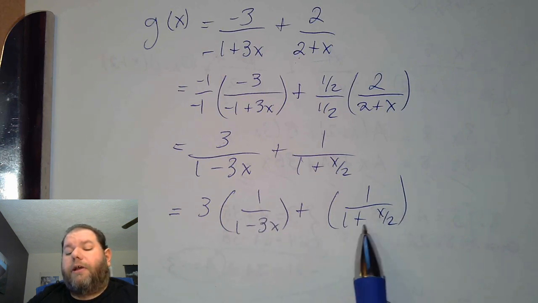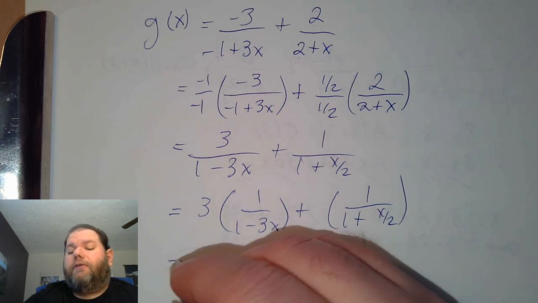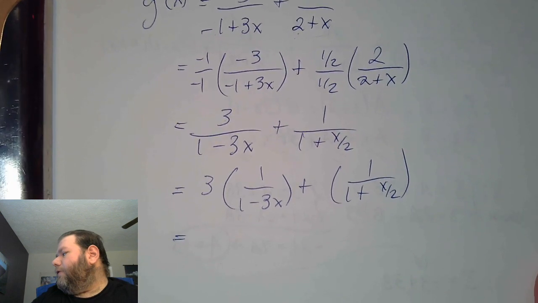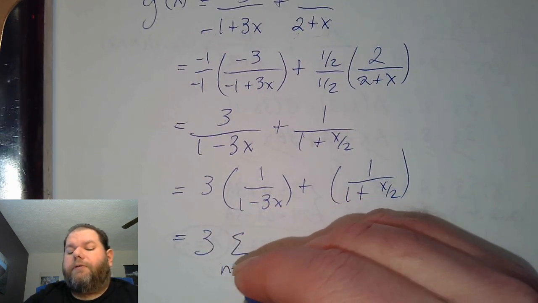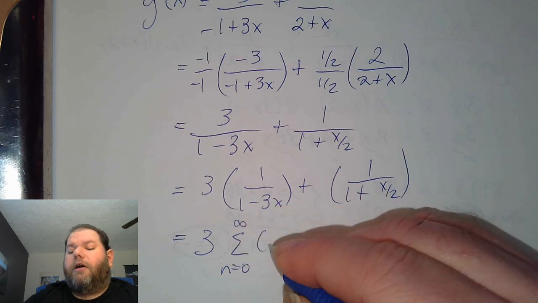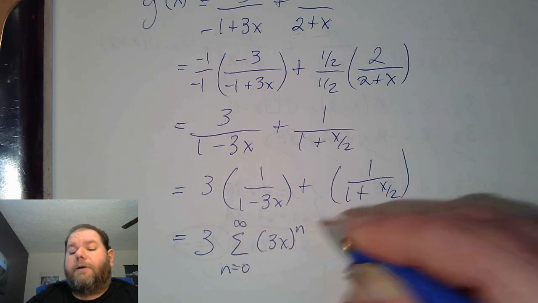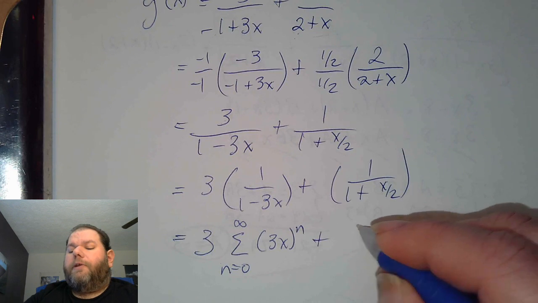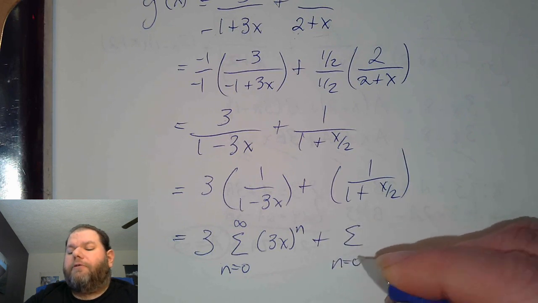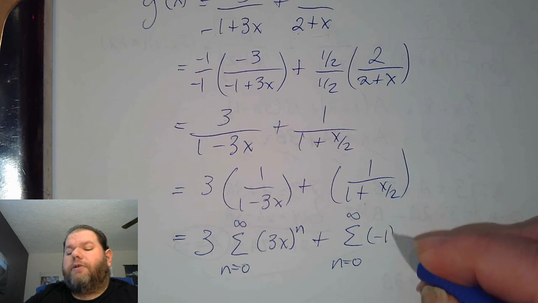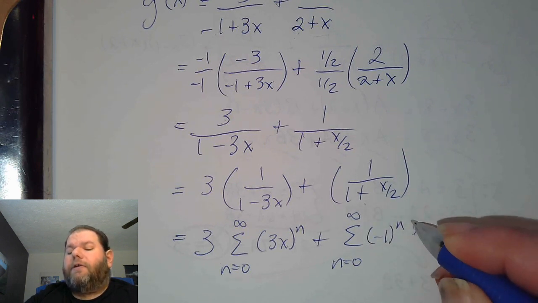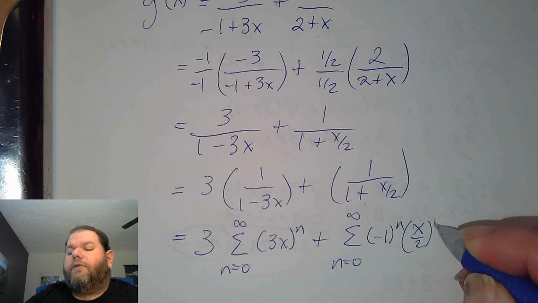And if it's plus, we know there's also an alternating term involved. So to create the power series from here, this is 3 times the sum, n equals 0 to infinity, of 3x to the nth power, plus the sum from n equals 0 to infinity. This is plus, so we'll have an alternating term, and x over 2 to the n.